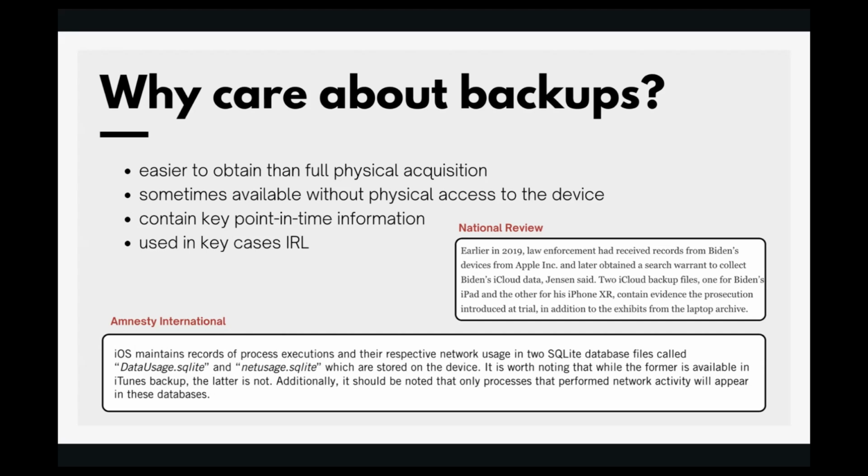And another thing here, there's an excerpt from Amnesty International's report that some artifacts available in the backup were also used as one of the indicators that the Pegasus spyware is present on your device. Obviously it wasn't the only one, but it was part of that as well. So we can see that even though it's maybe low-hanging fruit and not as exciting as some other artifacts might seem, it's still very useful, and it can actually play to our advantage.